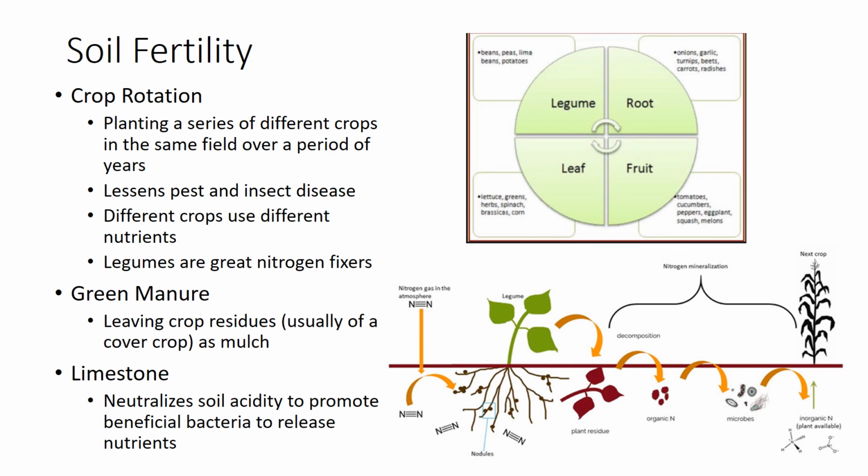And what that does is limestone is known as a natural buffer, and it neutralizes soil acidity to promote the good bacteria in the soil that do that nitrification process for the plants.